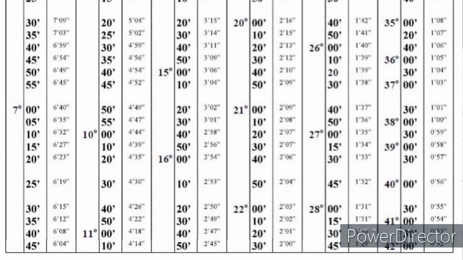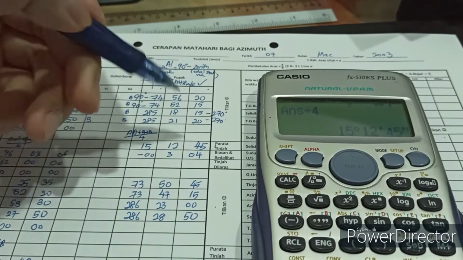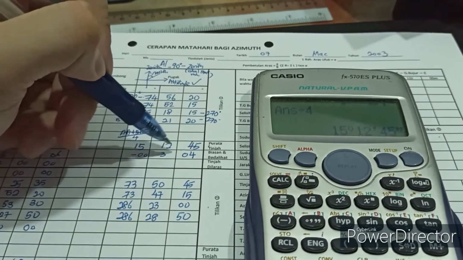For the altitude angle 15, 12, the nearest value in the table is 15, 10. So we get the value negative 3 minutes and 04 seconds. So we go back to the booking form. Okay, this is the value we get from the table.